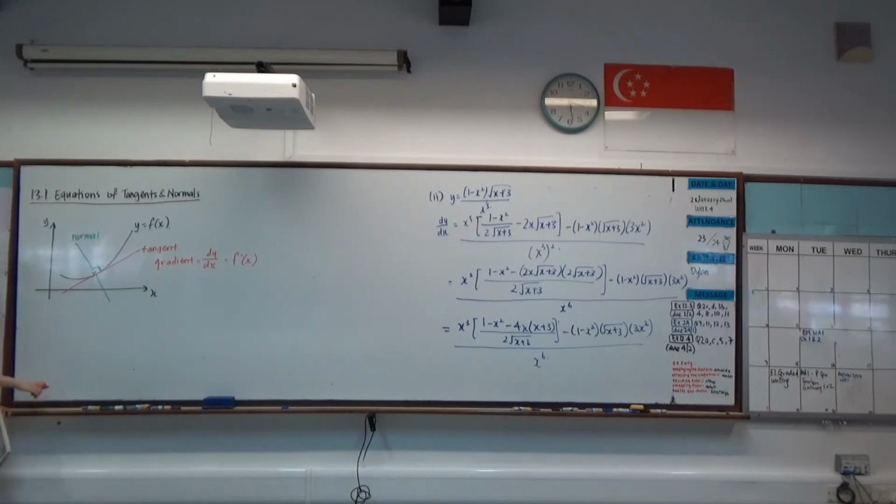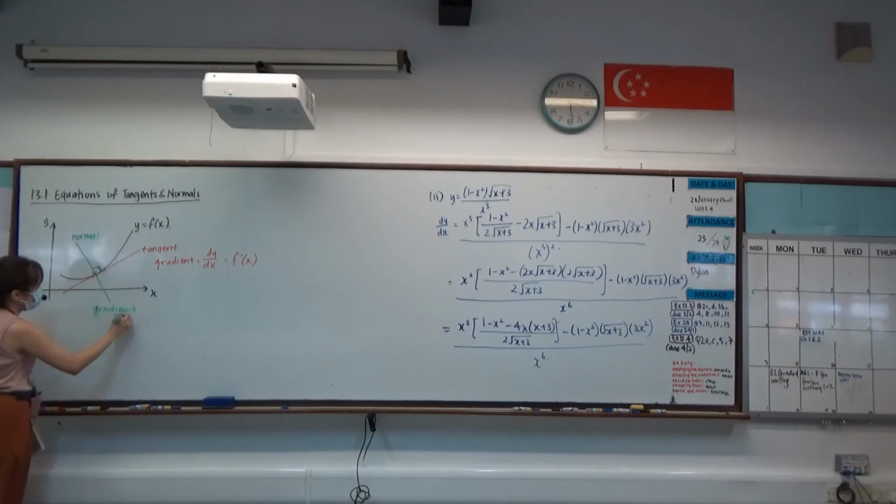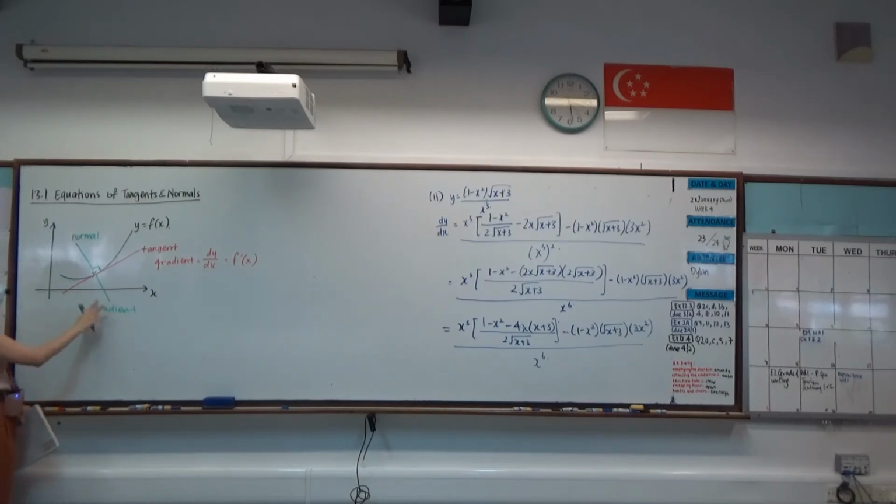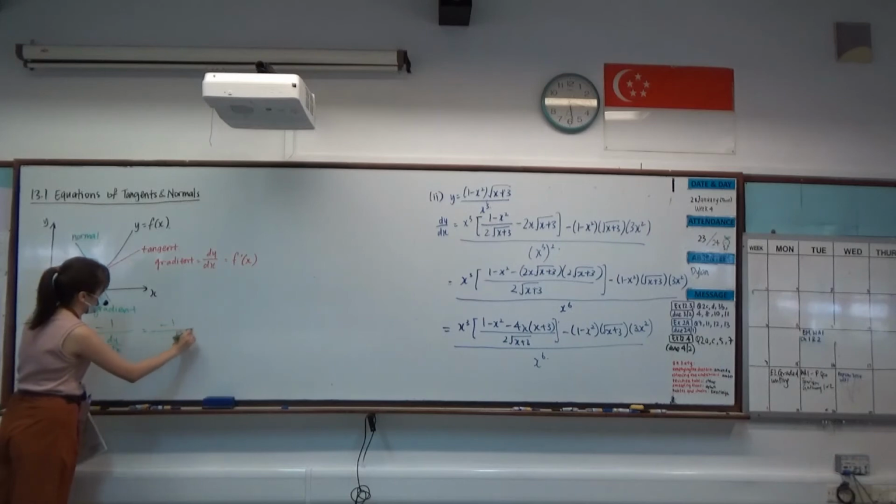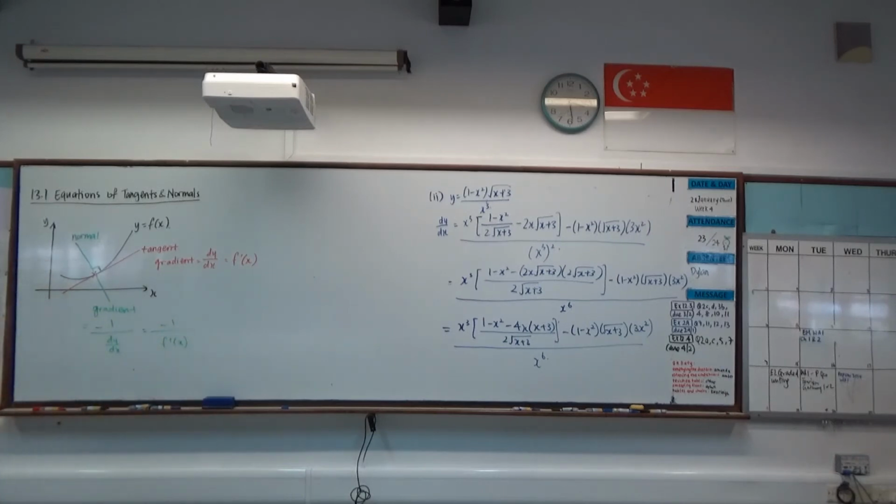Whereas for the normal, because it is perpendicular, perpendicular lines, when gradients multiplied by each other, will become -1. So the gradient of the normal will be -1 over dy over dx, or in other words, -1 over f prime x.